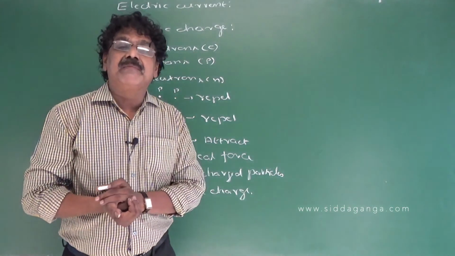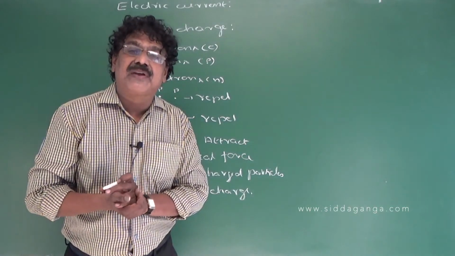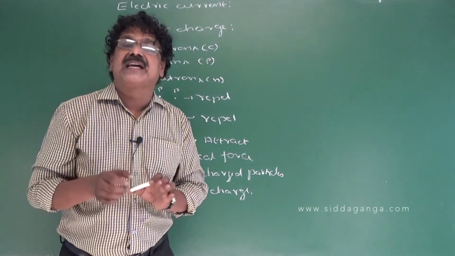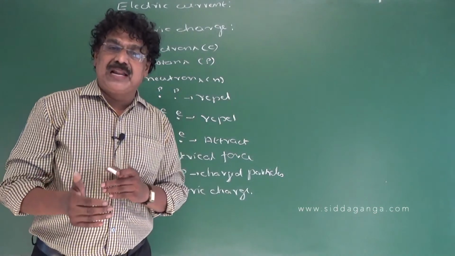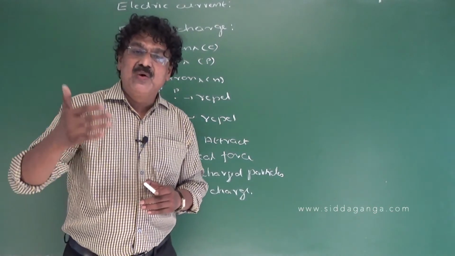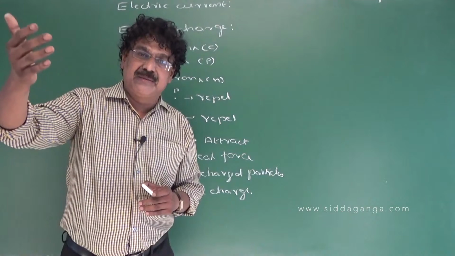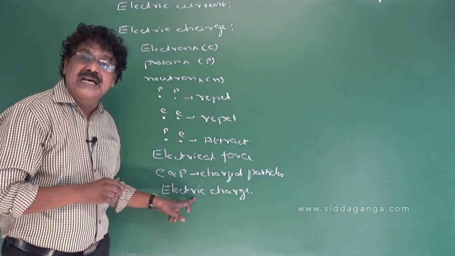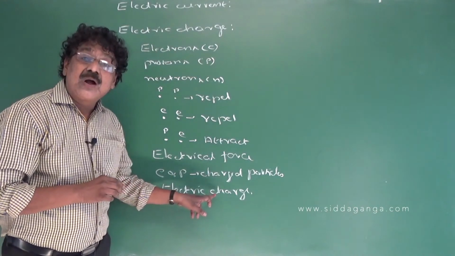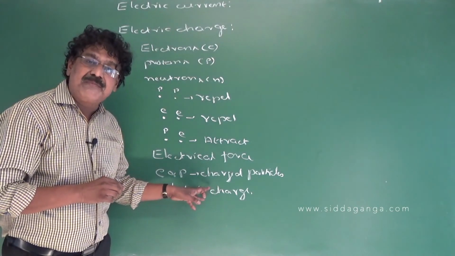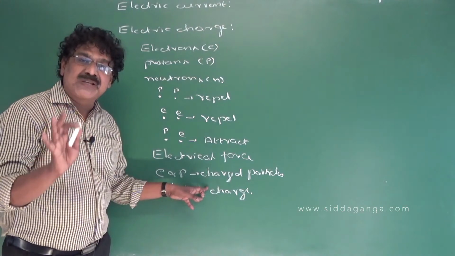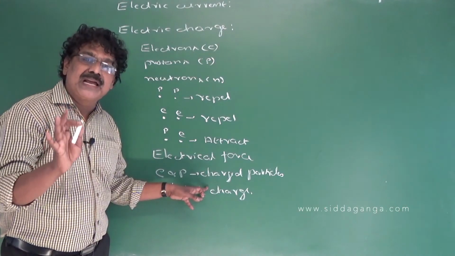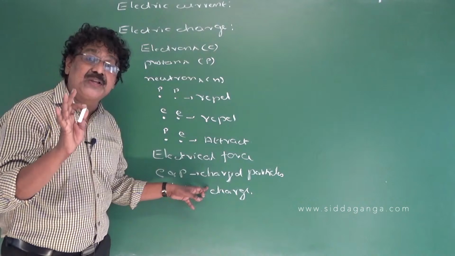Anything which can be measured and expressed in terms of a numerical value is called a physical quantity. For example, length, mass, time, force, work, energy, power, etc. Electric charge is a physical quantity which can be measured and expressed in terms of a numerical value and an appropriate unit.